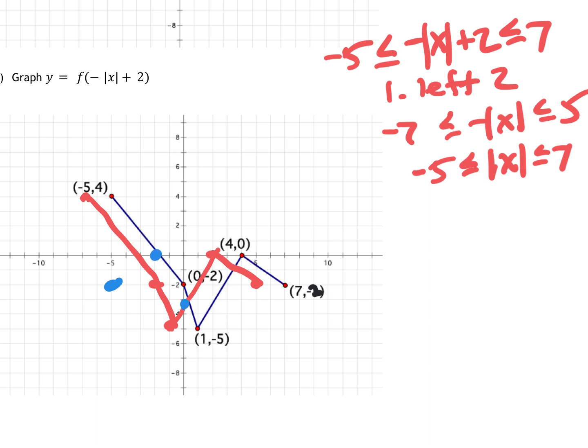This point here will stay the same on the y-axis. And then we'll be over here, and the last one here will be at 7, and then up at 4. Okay, so got something like this.